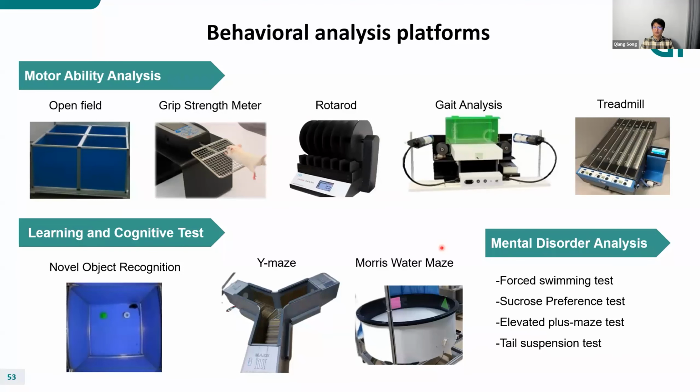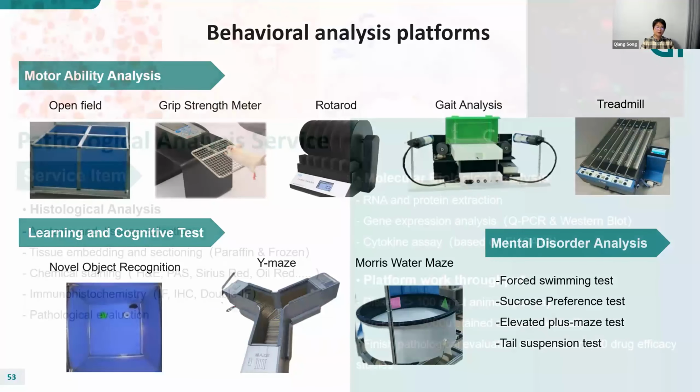We can analyze the gait changes in different mouse models. For learning and cognitive tests, we can use novel object recognition, Y-maze, and Morris water maze tests to test learning and memory changes. We also have some mental disorder analysis paradigms.